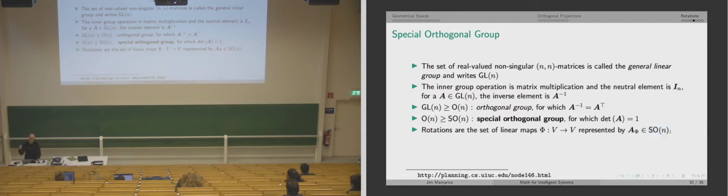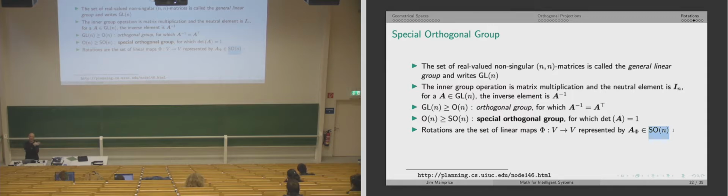If I do that, it's usually in the context of Lie groups, because SO3 is a Lie group. What a Lie group does is put a manifold structure on top of the group structure, meaning you can differentiate between the matrices. Imagine there's a rotation that does that, and then a rotation that does that plus a tiny rotation on top.